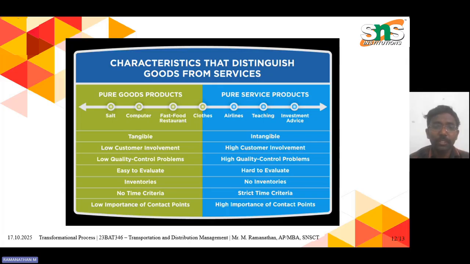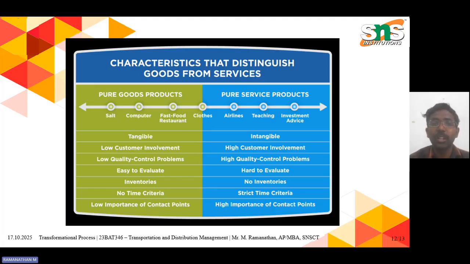In goods production, inventories will be more. In services there is little inventory, because of technological improvement and human resources.